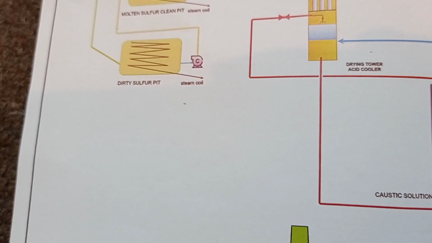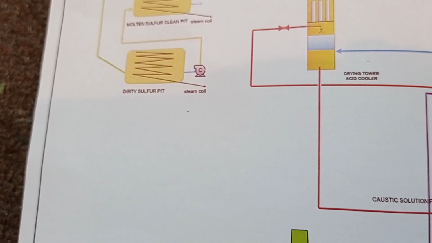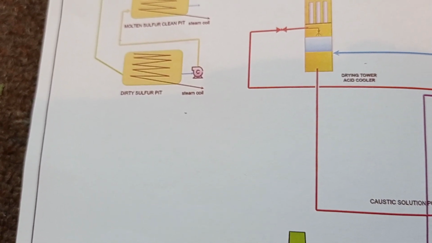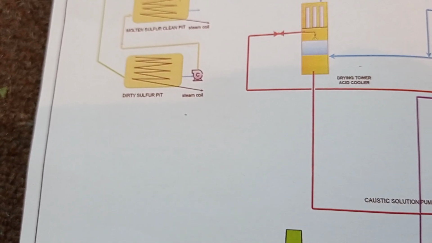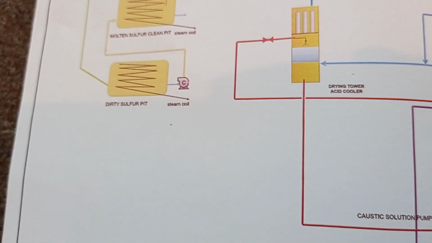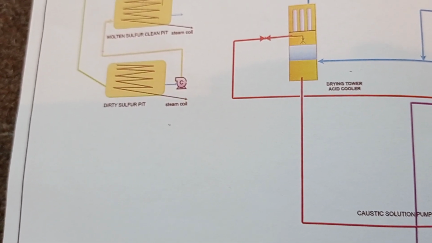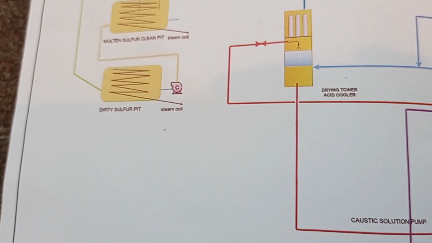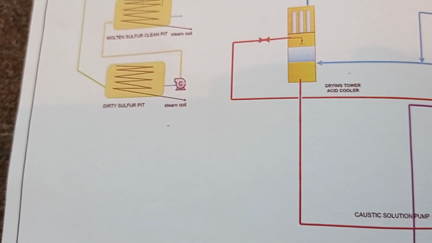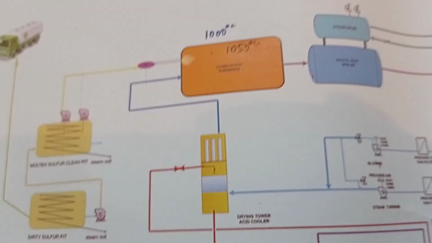If there is liquid sulfur, just to maintain the temperature we use LPS steam. If we have solid sulfur, then we need MPS steam, medium pressure steam, so that we can melt the sulfur in less time. Though you can melt the sulfur with LPS steam also, it takes more time. That is why we have provision of LP steam, MPS, medium pressure steam, and high pressure steam.